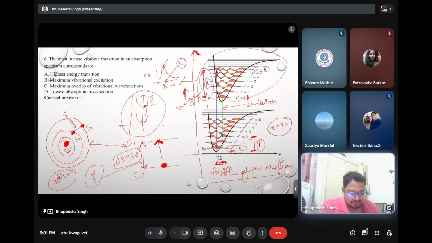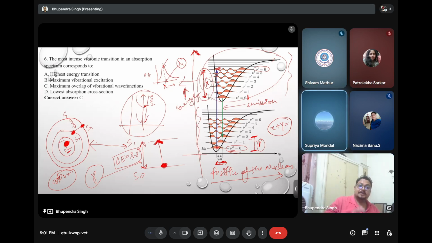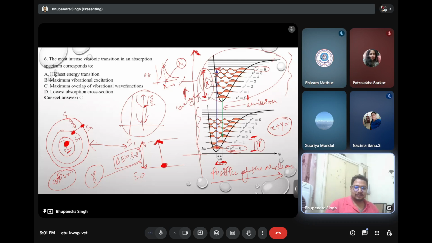No, my question is, what do you understand by these two? This potential and this potential. These are two potentials of what? Two different molecules? Same molecule? Same molecule. Exactly. So I'm saying that this potential can be shifted like here, something like this. So the nuclear position will be here then.